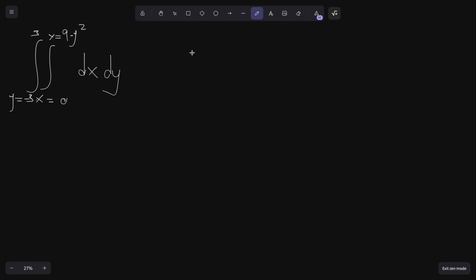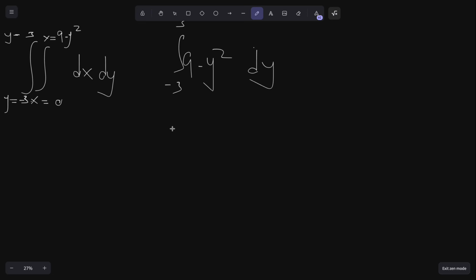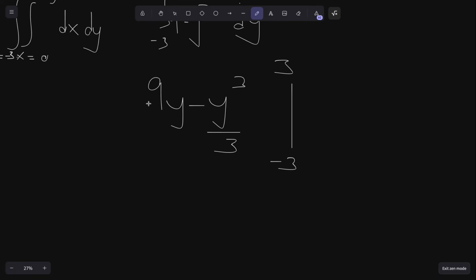So this is just the integral of 1. This is going to be 9 minus y squared dy, integral from negative 3 to 3. And then this is going to be 9y minus y to the third over 3 evaluated at negative 3 to 3. And then so 27 minus 9, which is just 18.